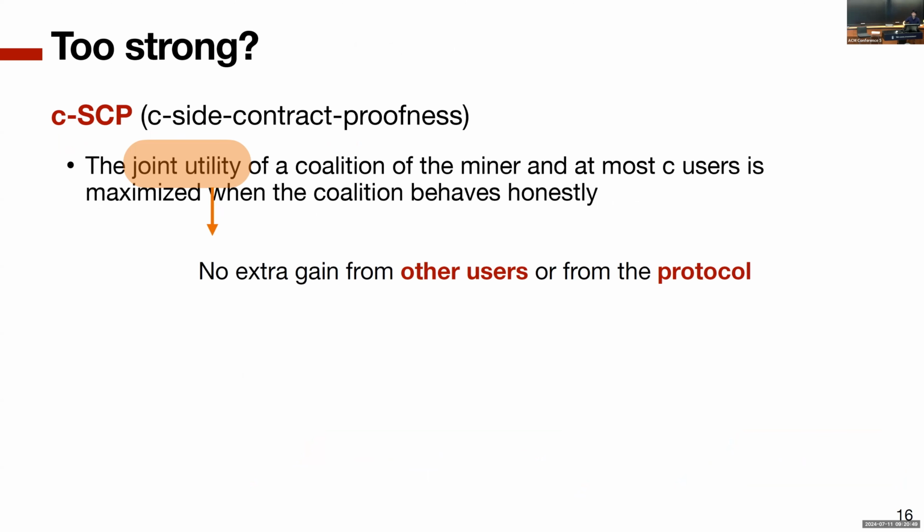So why is the CSCP strong? Because the CSCP tries to defend against any extra gain, either from other users or from the protocol, or both. So let's just focus on not letting the coalition steal from the protocol. How do we capture it?